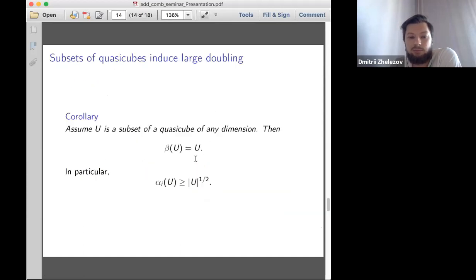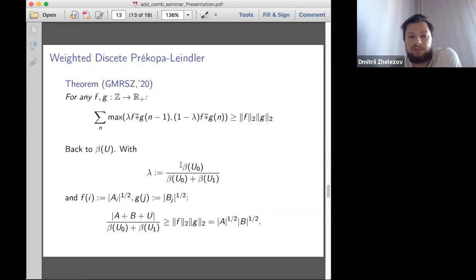Well, just because take lambda to be this weight, f to be square root of ai, g square root of bj, and then this sum. Okay, so let's start on the right-hand side.